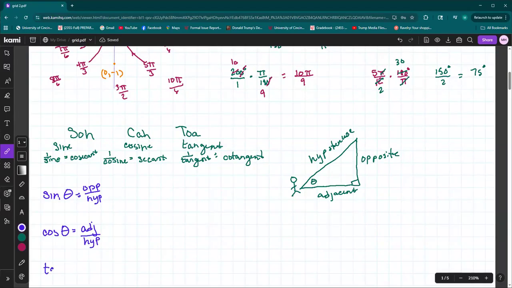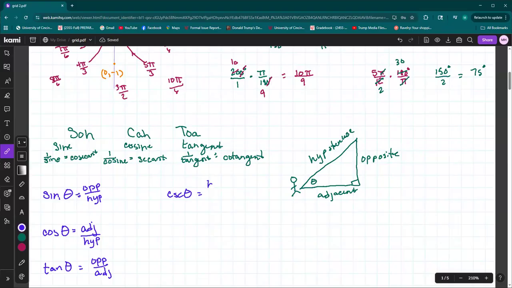And same with the tangent. I need an angle. If I do not write the angle, I do not actually say anything that makes sense. Opposite over adjacent. Okay, and then if I really want to do the other three, there are 6 trig functions. So if I want to do the reciprocals, this would be cosecant, and it is just the reciprocal of the sine.